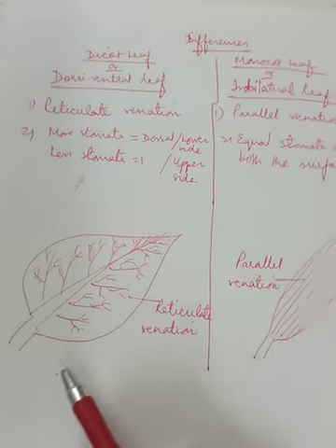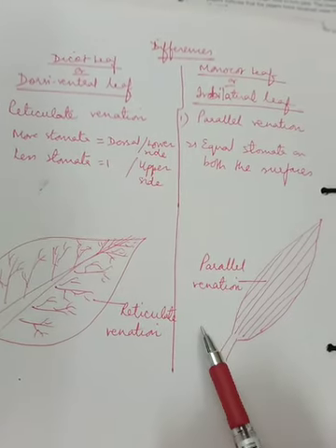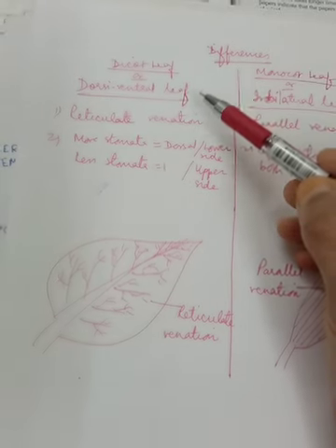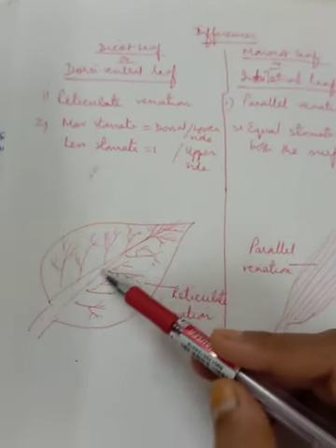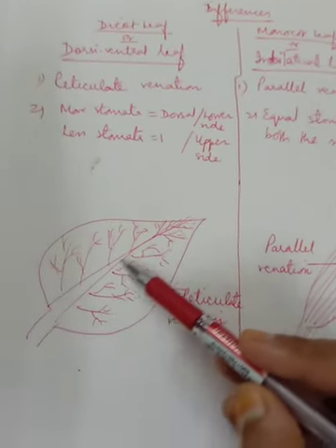Now, how to differentiate? The differentiation is very easy. Number one, the leaves which are dorsiventral have a venation like a network or a web-like structure. There's a major midrib present.